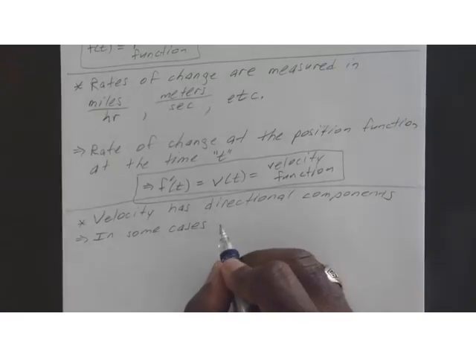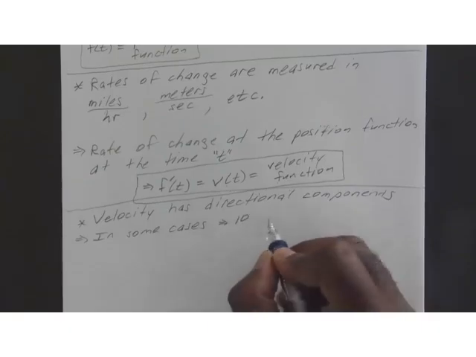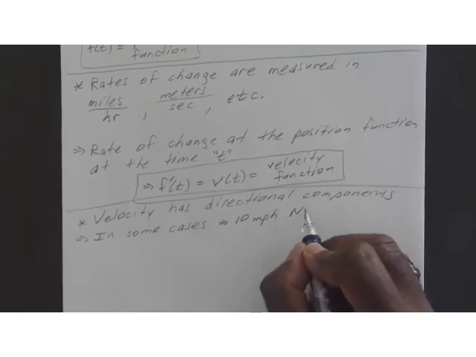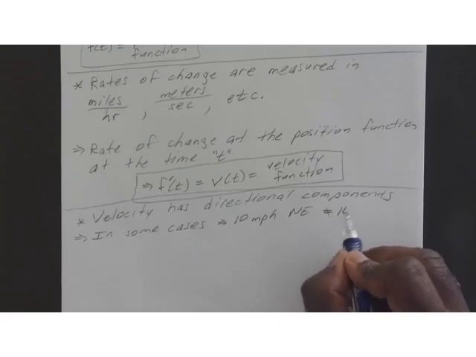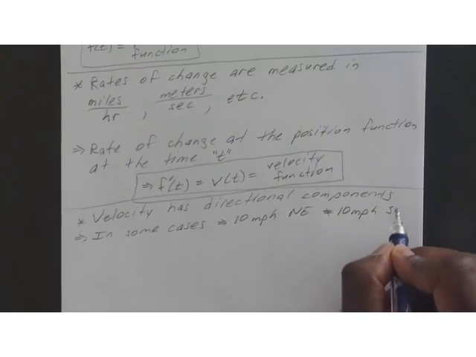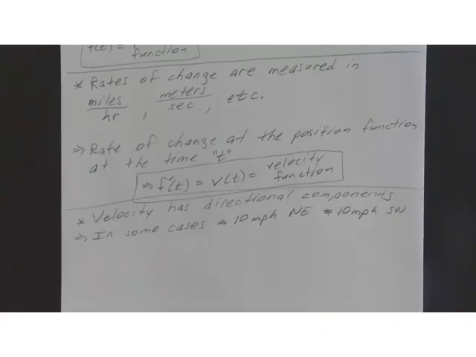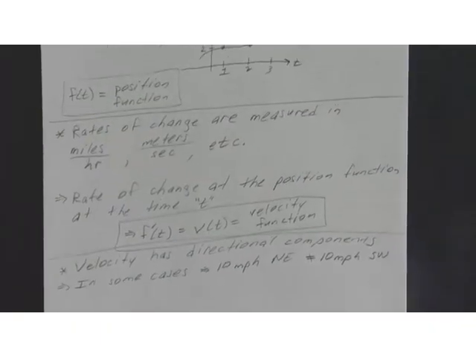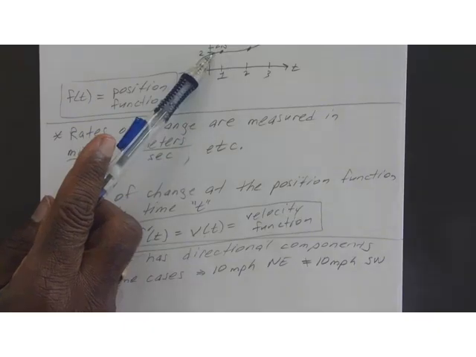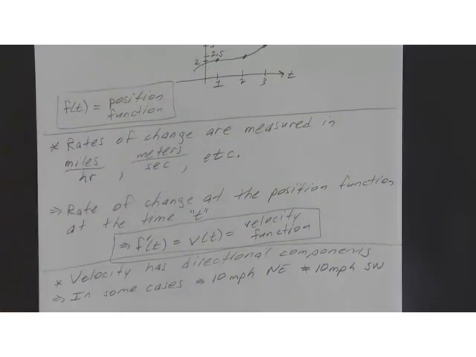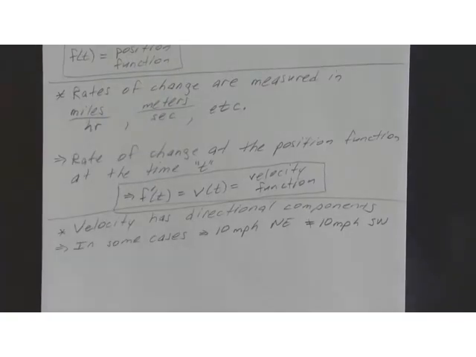Let's say you'll see like 10 miles per hour northeast. Which is not the same as 10 miles per hour southwest. Even though it's the same 10 miles per hour. Whereas your position function, whether you're facing north, east, west, or south, it's still that same position. It's no change to it at all as far as directional components.